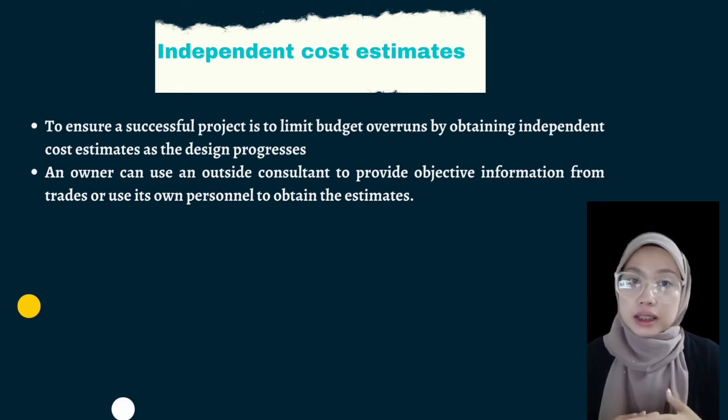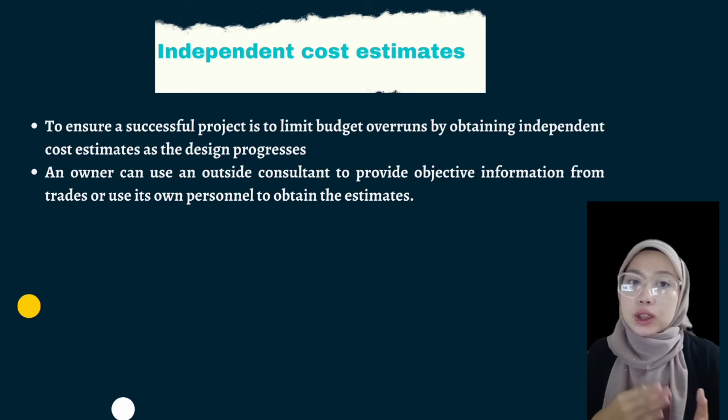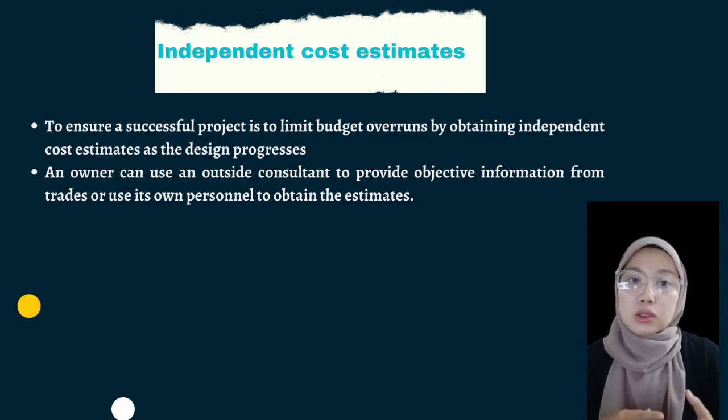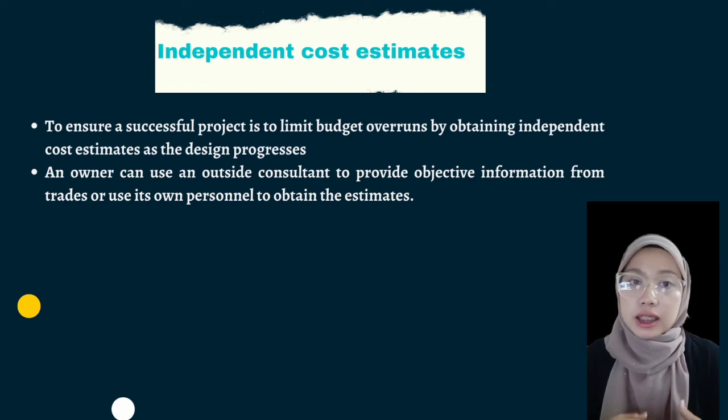Firstly, independent cost estimate. One way to ensure a successful project is to limit project overruns by obtaining an independent cost estimate as the design progresses. This involves checking and double-checking the cost estimate for the work with contractors and suppliers who actually perform the type of work or supply the type of product being specified, as opposed to leaving this task to the design team.